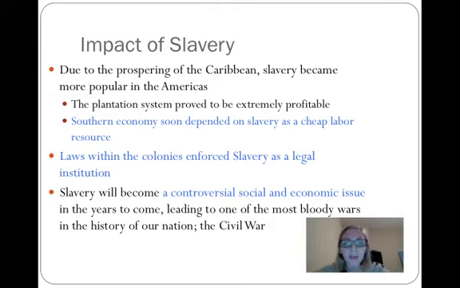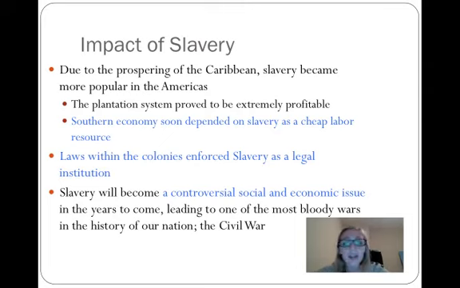And this dependence on slavery and their economy to run the way that it had, and for the Americas to be this growing, prosperous place, made slavery incredibly controversial, not only because of its inhumanity, but also, the Americas is so successful based on these crops, but the way that they got there was with cheap labor. So when we talk about the Civil War, we'll go back into that again.